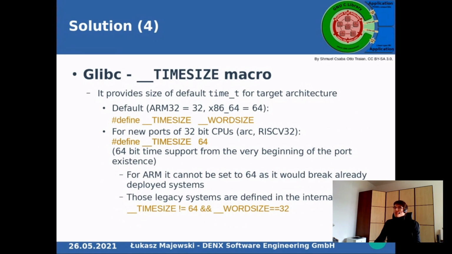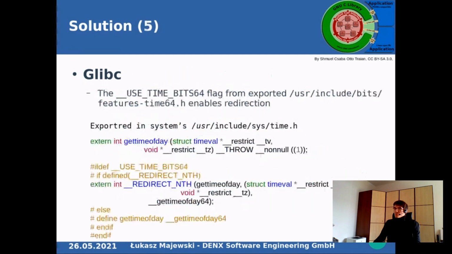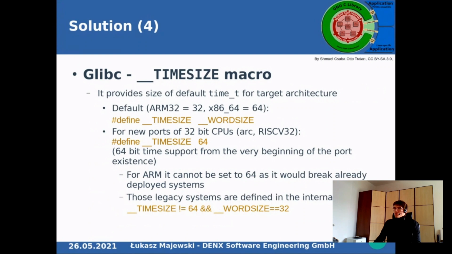The next step was to introduce the __TIMESIZE macro. This macro provides the size of the default time_t for the target architecture. This means that by default, the time size is defined equal to the word size. So for 32-bit ARM processors, it is 32. For 64-bit processors, it is 64. As I have mentioned before, for 32-bit CPUs added now, it is set explicitly to 64. So from the very beginning, they are immune to the year 2038 problem.